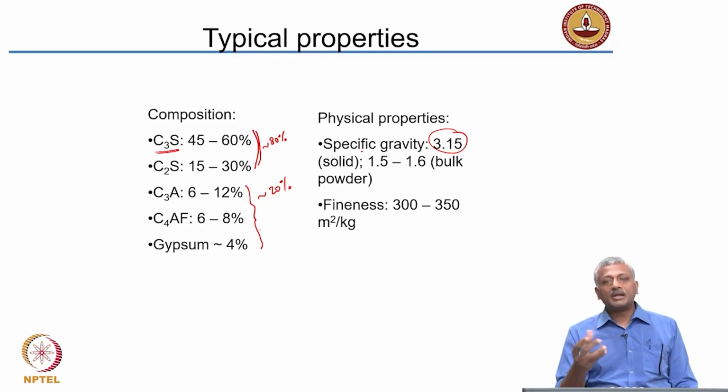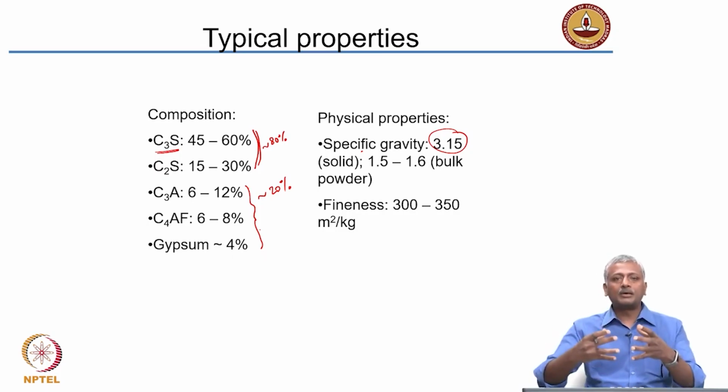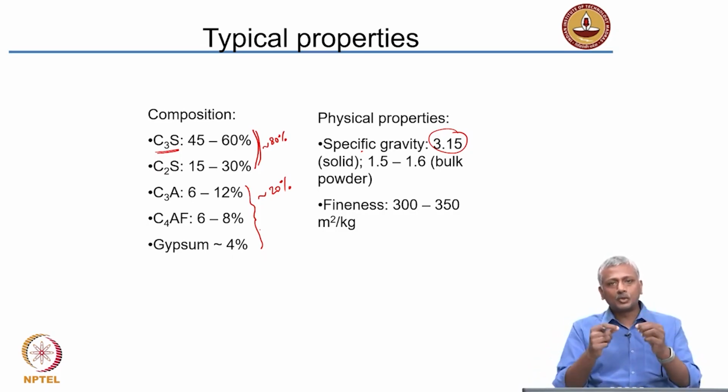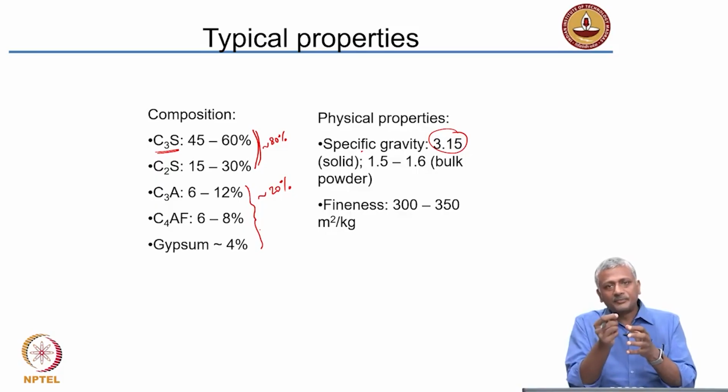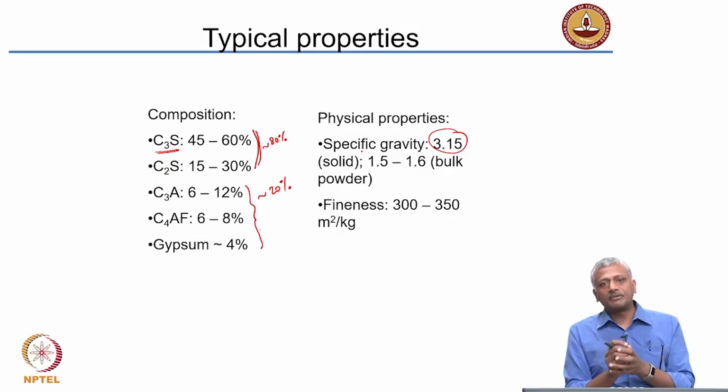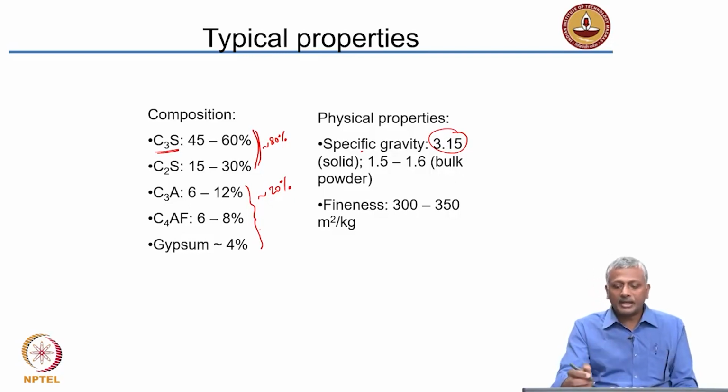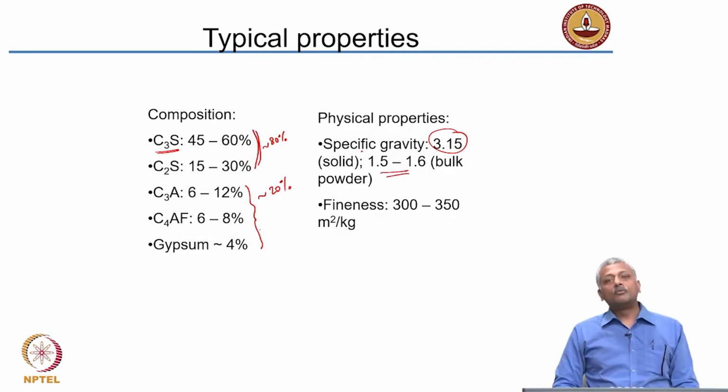However, when you take it in bulk and put it in a container, the particles do not come very close to each other. There are voids or air gaps that you have inside. When you take a bulk measurement, you will actually see that the density is 1.5 to 1.6, not 3.15. It is nearly half of that when you start putting it as a powder.